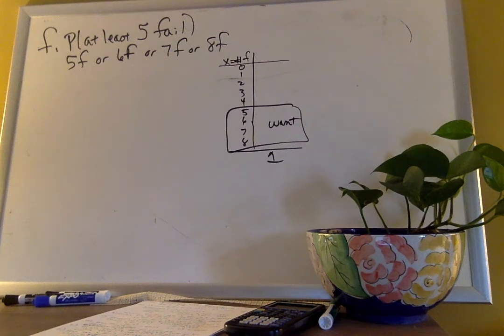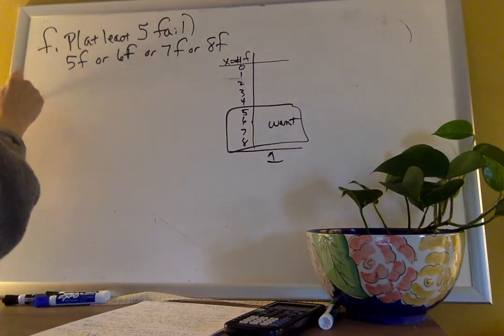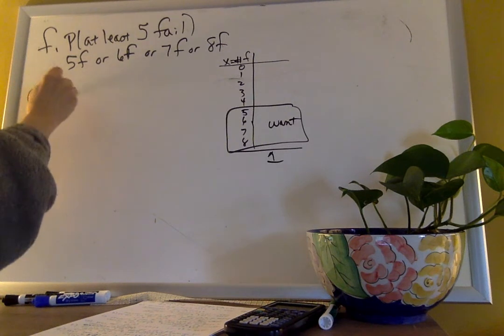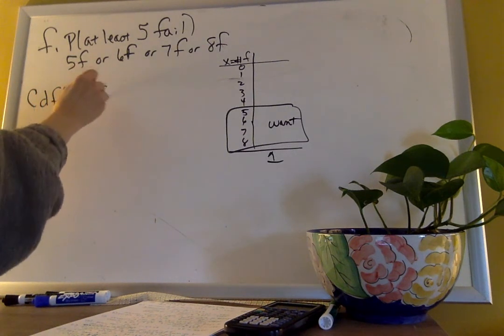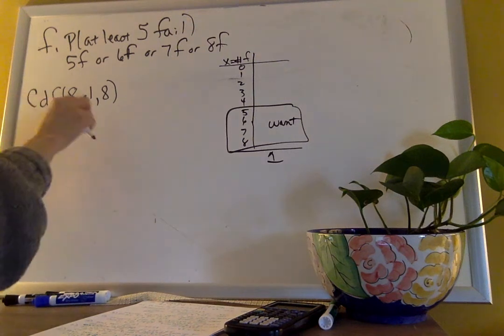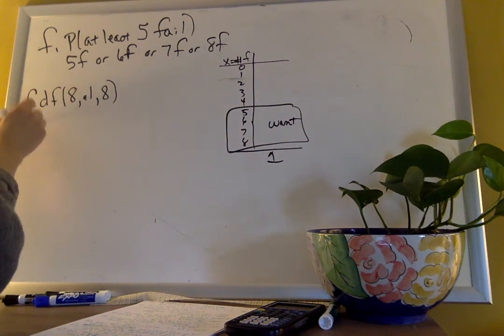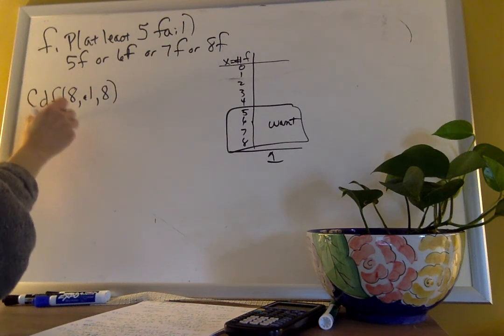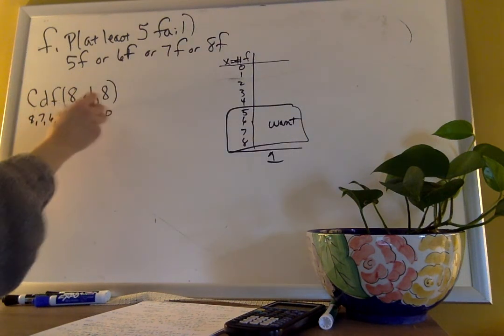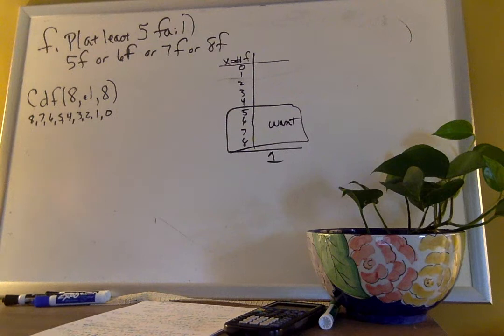If you run the CDF at 8, it's the CDF, right? It's going to take the 8 and the 7 and the 6 and the 5 and the 4 and the 3 and the 2 and the 1 and the 0, all those PDFs. It's going to add them up for you. Well, that's not what I wanted.